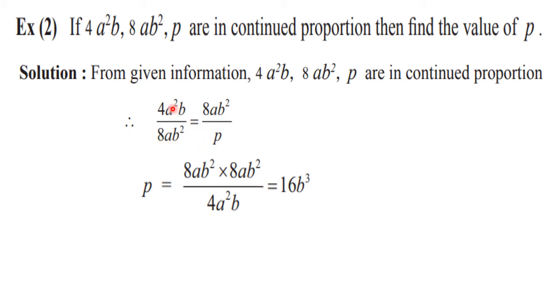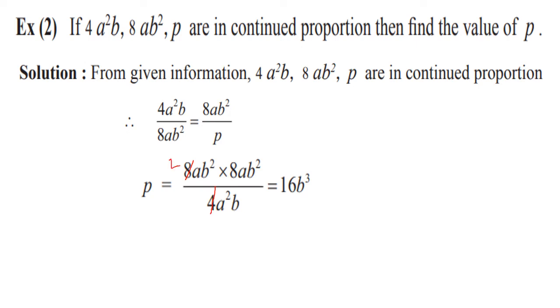Now we are doing cross multiplication here. So the value of p we will get as 8ab square into 8ab square divided by 4a square b. Okay, so be careful now how we can do the cancellation. See here, 8 we can cancel with 4, so here we will get 2.